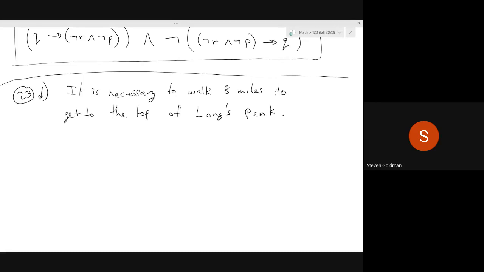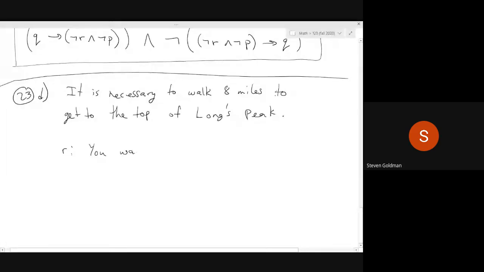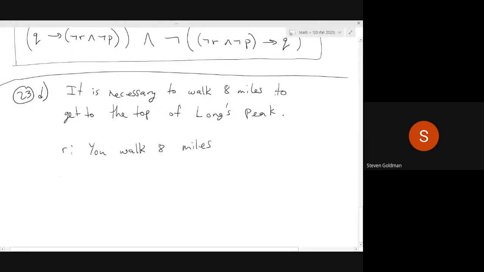Let me refer to these two propositions as R and S. Let's say R is the proposition, you walk 8 miles, and S is the proposition, you get to the top of Long's Peak.